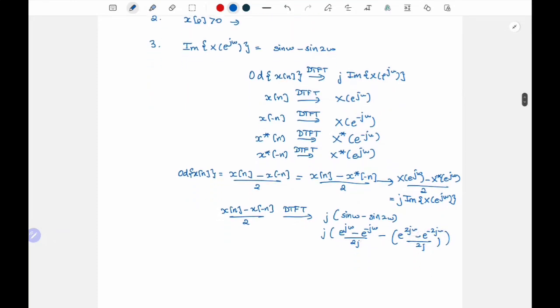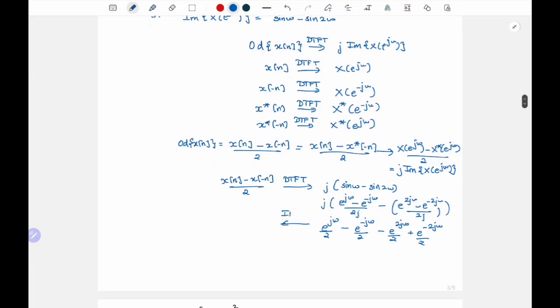If you bring the j inside, the 2j will cancel in the denominator. You will remain with e power j omega by 2 minus e power minus j omega by 2 minus e power 2j omega by 2 plus e power minus 2j omega by 2.